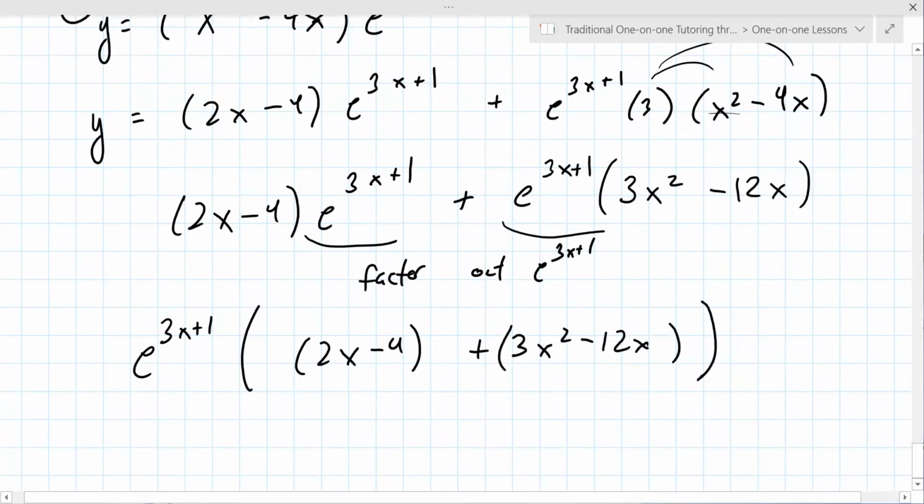But again, you can do this and you should, but you're going to eventually see that you just combine whatever like terms you have. So it would be e to the 3x plus 1 times 3x squared minus 10x minus 4. Yes. Okay. Very good.